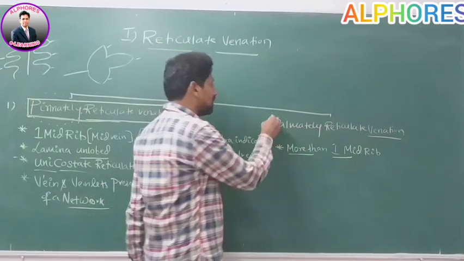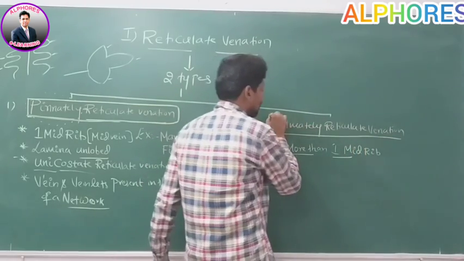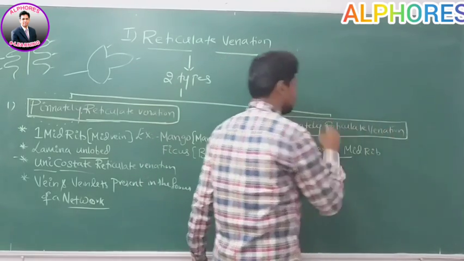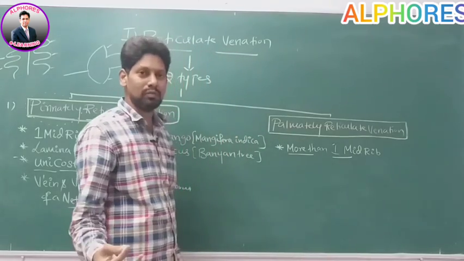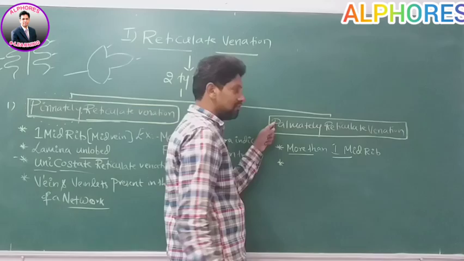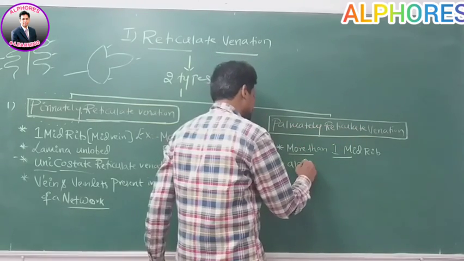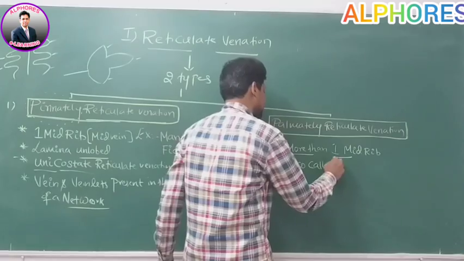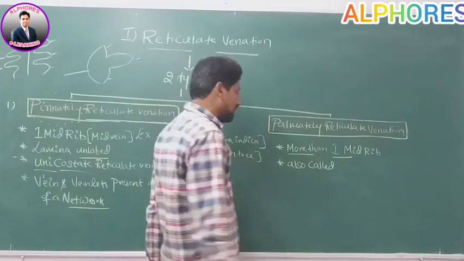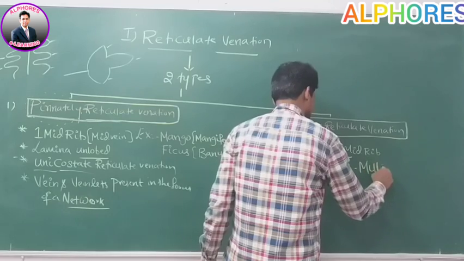So, can we call palmately reticulated venation a multicostate reticulate venation? Yes, multi means many, more than one, right? Therefore, what is another name for palmately reticulate venation? Also called as what, sir?